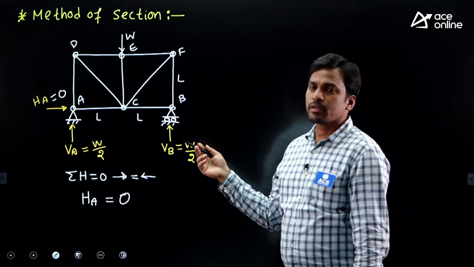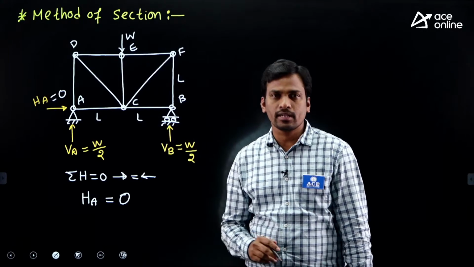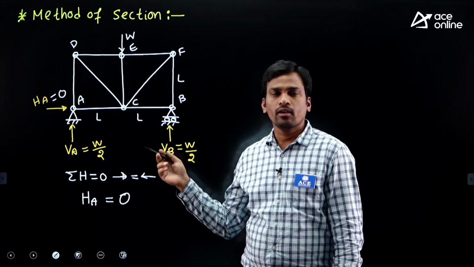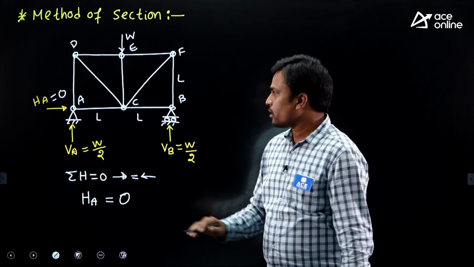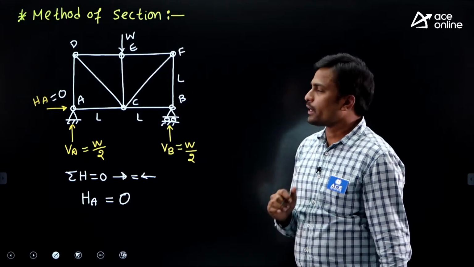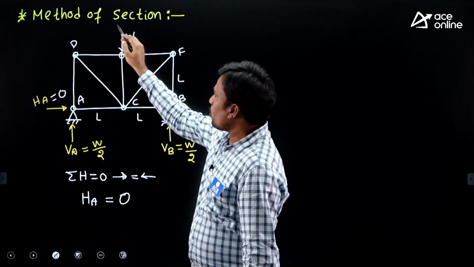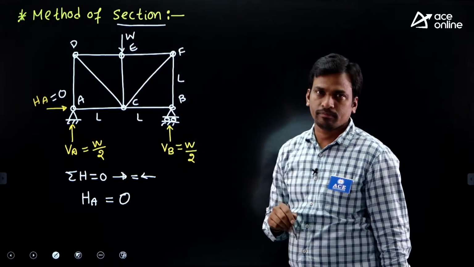Next, analysis means we have to find the member forces. What are the member forces here? Only axial forces we have to find for this diagram. Right. Students, can anyone tell what is the meaning of section?